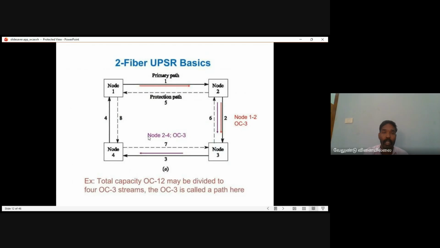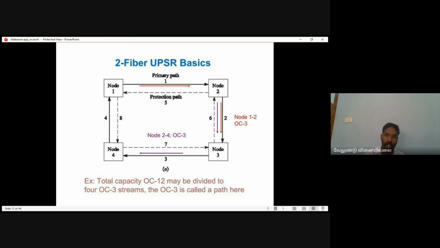Okay. It is 2 fiber optic basics. Node 1, node 2, node 3, node 4. What is the topology here? Can anyone say what is the topology of this network?